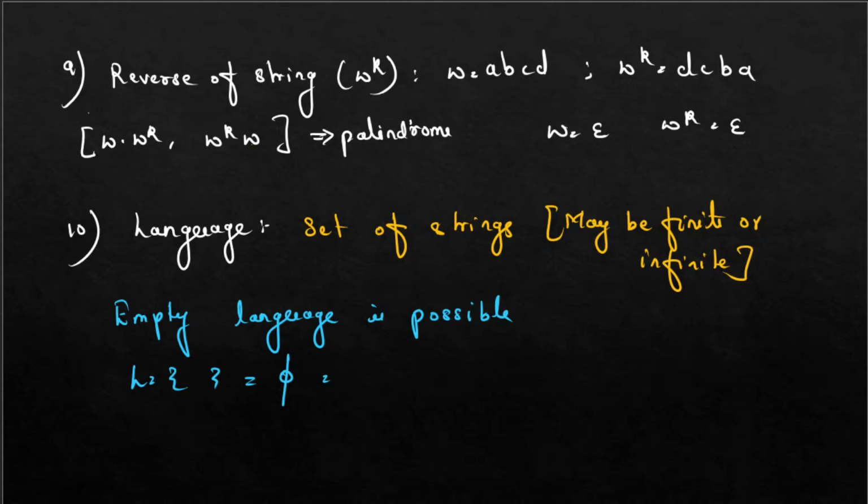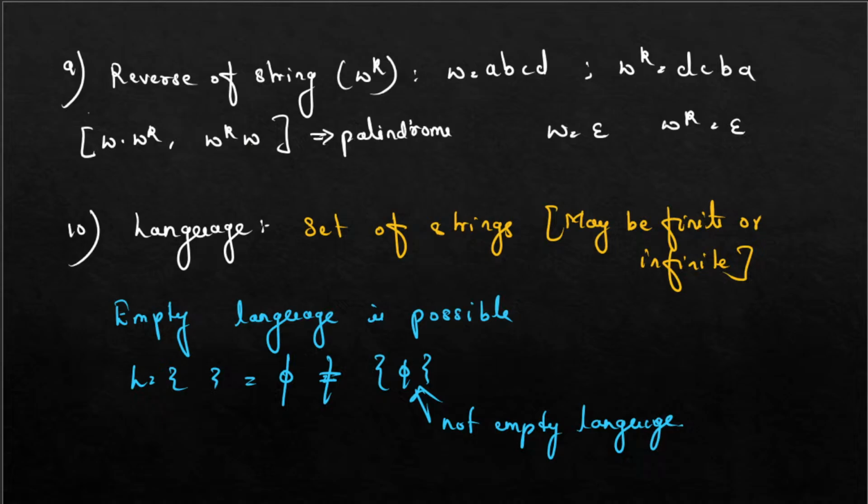But you have to remember, phi is not equal to the set containing phi. This is not the empty language. You all should know this. Getting everyone? This is the empty language, but this is not the empty language, because in the set we have phi.